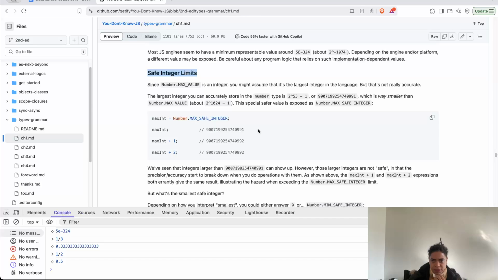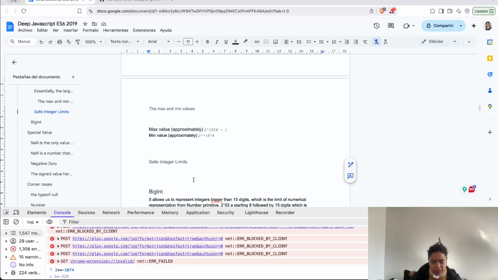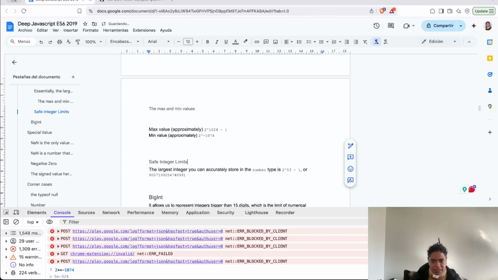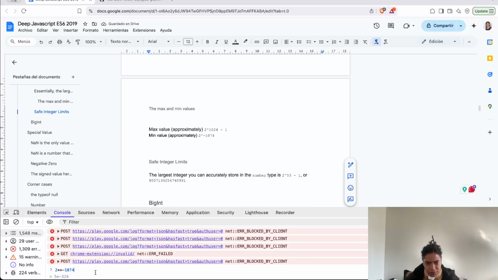So you might think that's the largest integer that the language can represent, but that's not accurate. The largest integer it can accurately store is up to this, into the mantissa bits.